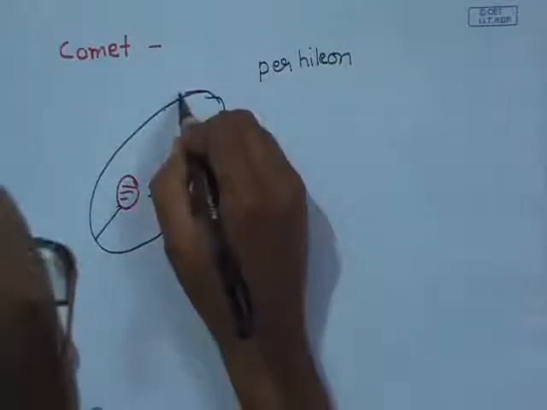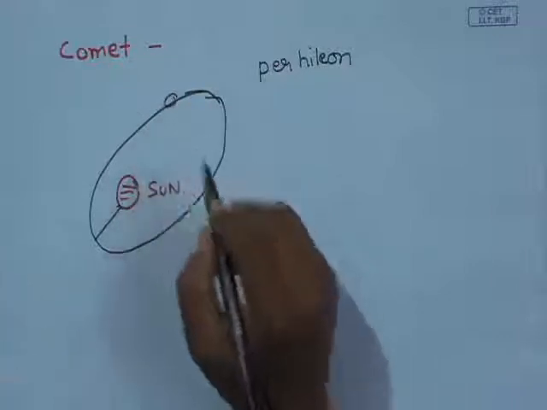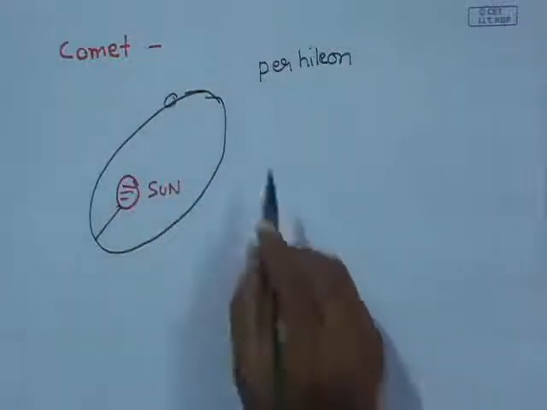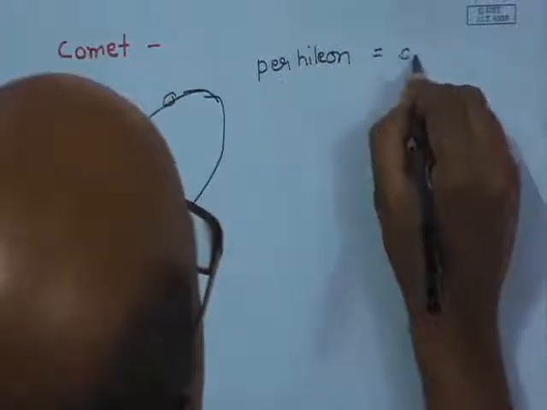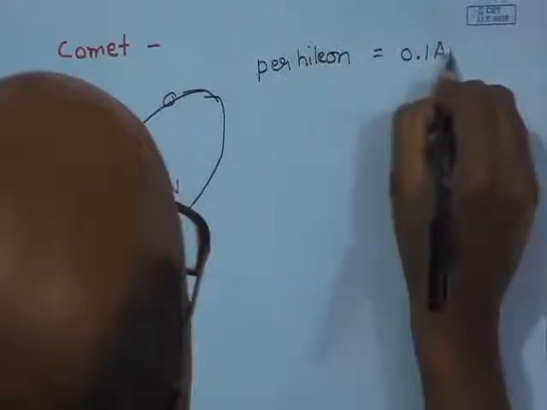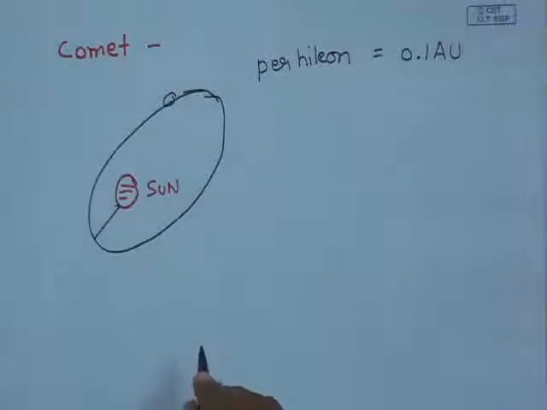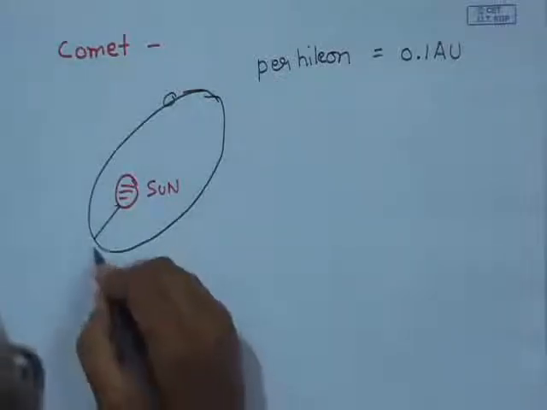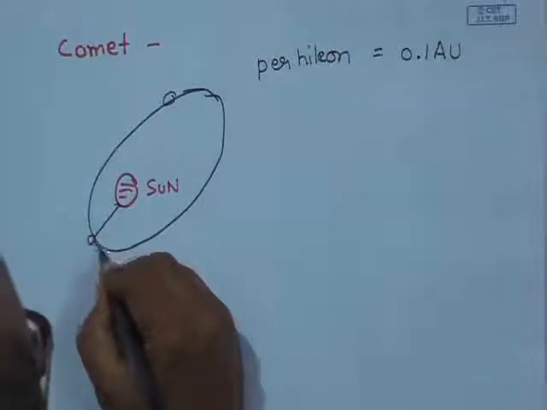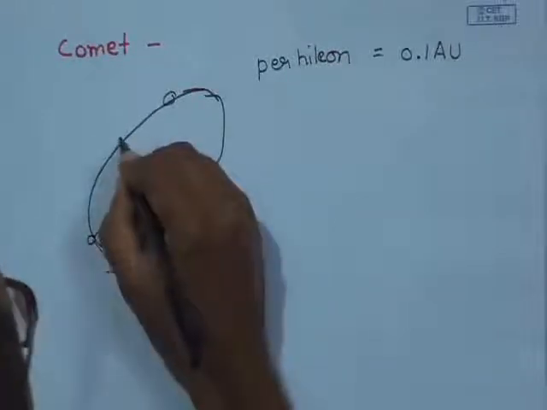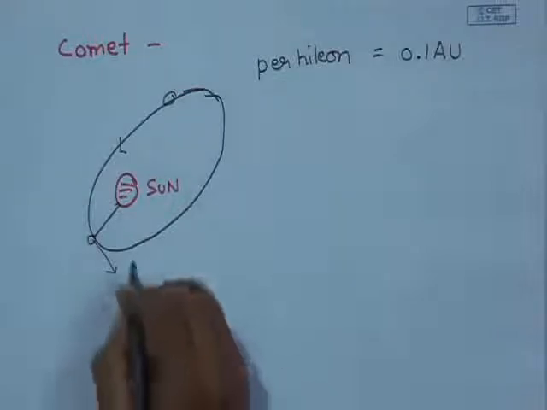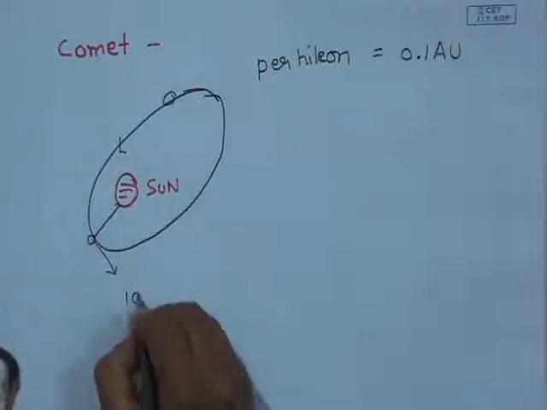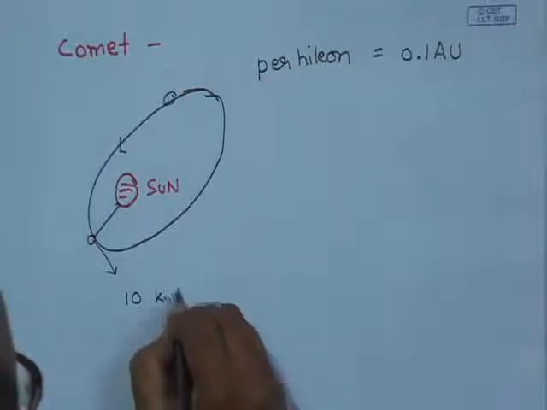So, this is a comet. The perihelion of this comet is 0.1 astronomical unit, and further it is possible to measure the speed of the comet at the perihelion, and it is found that the comet has a speed of 10 kilometers per second at perihelion.